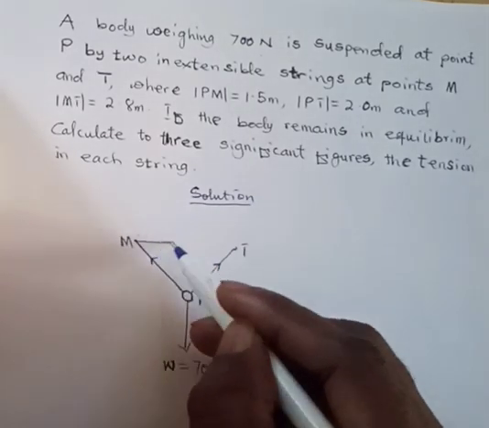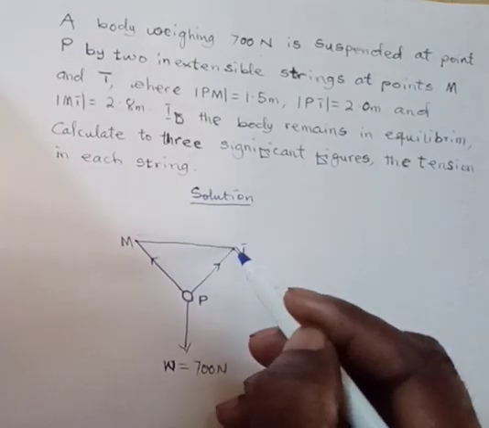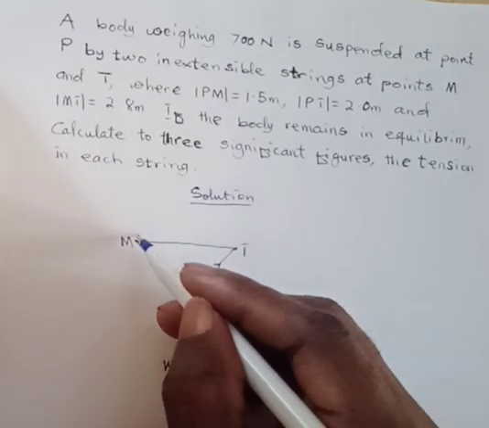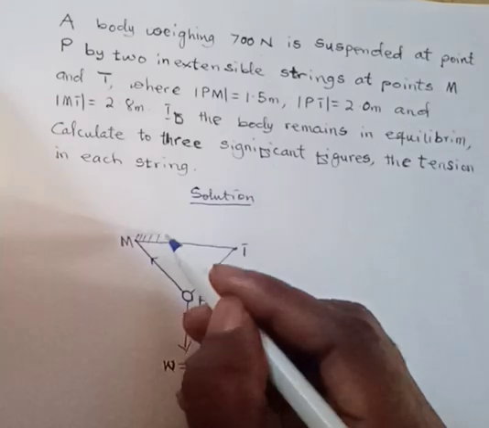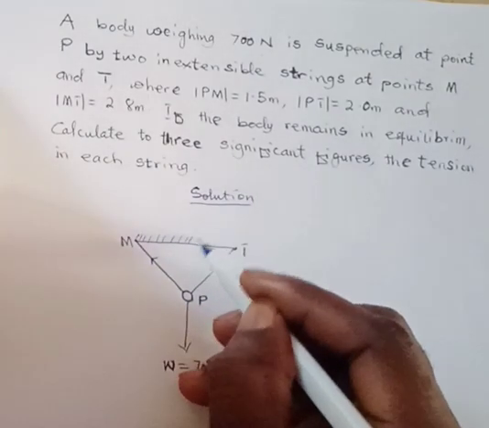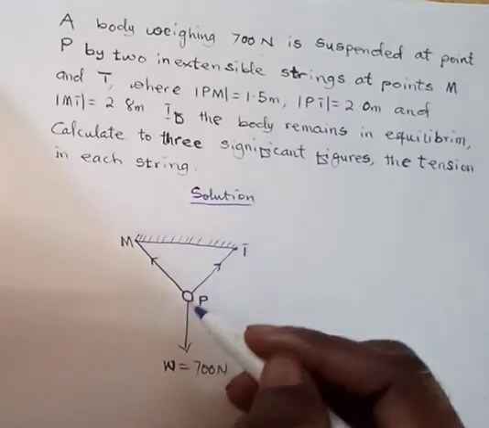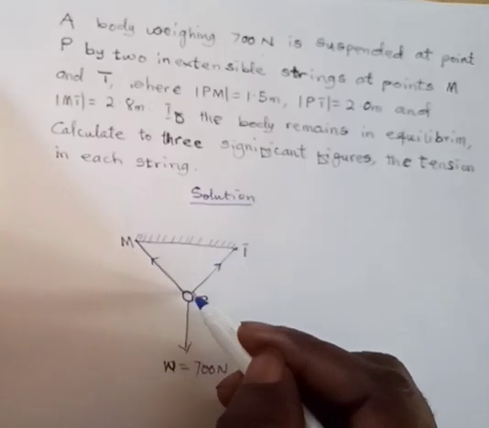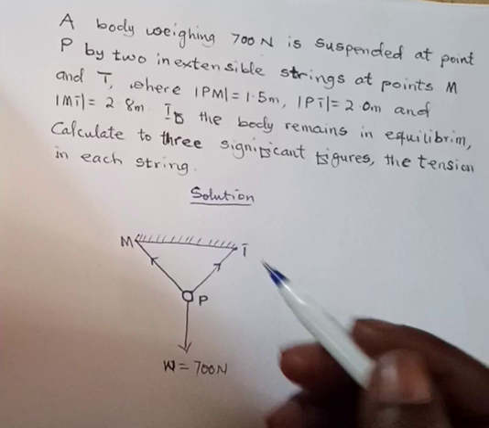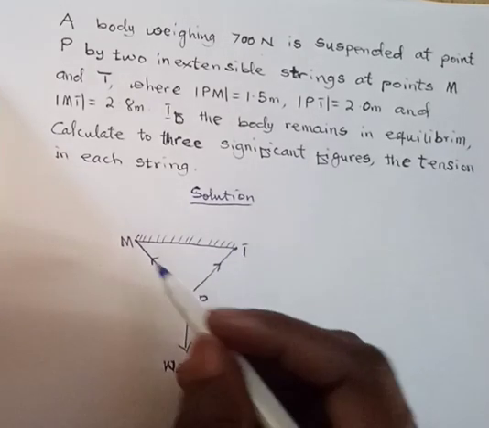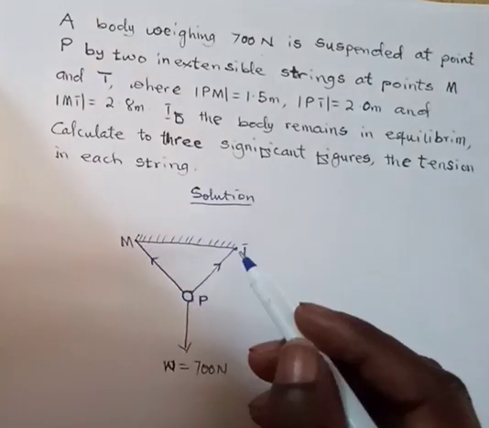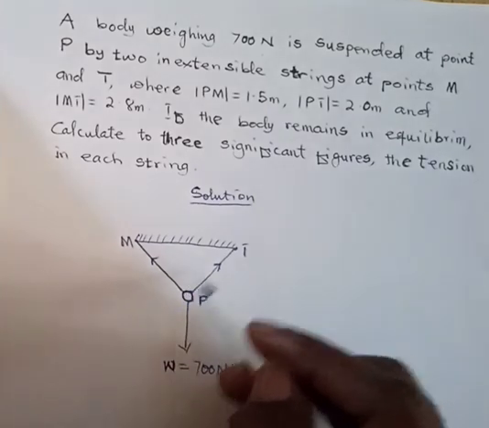So let me join M to T. Let's take this as the roofing or the top where the string is coming from, which hangs the body. So we are talking about the tension, the force in each of the strings.